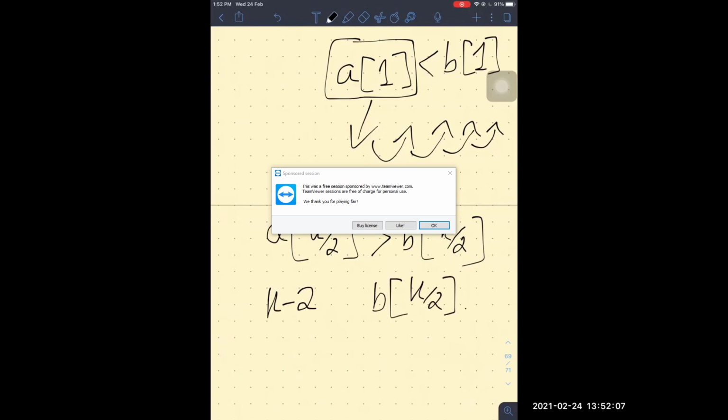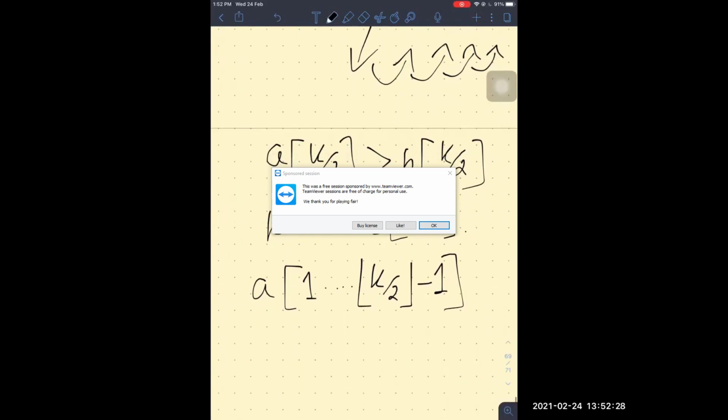Those elements are A1 to floor of k/2 minus 1 in A, and in B, we have 1, 2, up to ceiling of k/2.